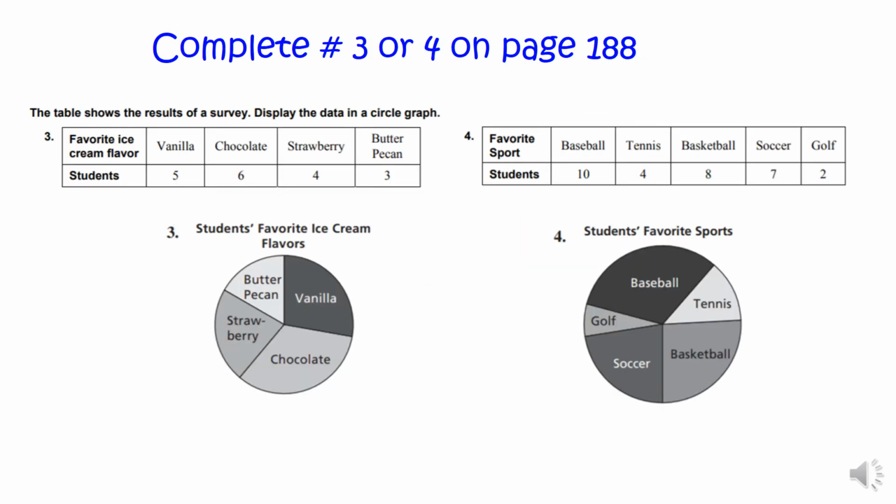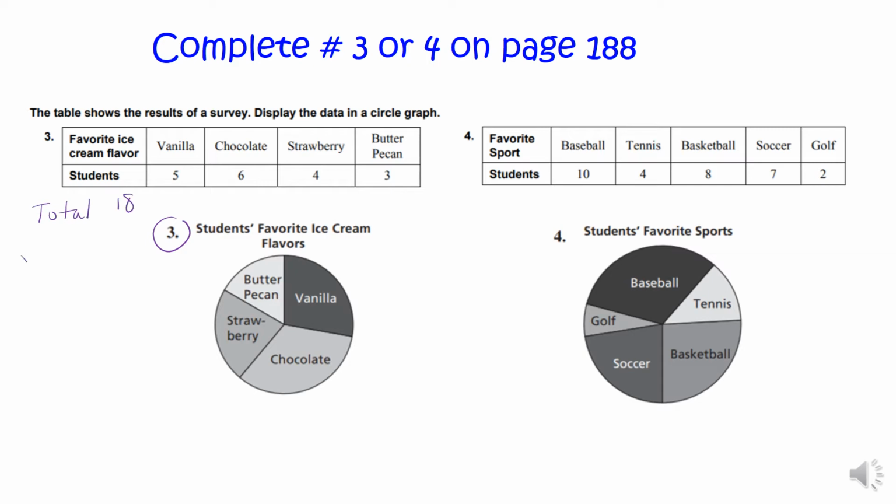So here you go. All right, so I'm going to put the pictures up there, but I want you guys to try to figure out the percentages that you're going to need in order to do this graph. And I'll do one for you. So the first thing I'm going to do is the total number here is 18.